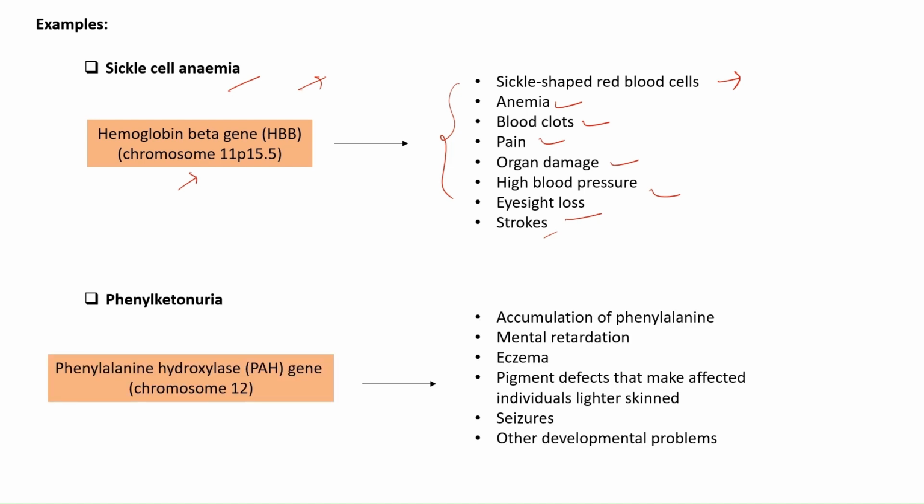The next example is the disease called phenylketonuria, which occurs due to a defect in the phenylalanine hydroxylase gene present on chromosome number 12. When this gene is defective, there is accumulation of phenylalanine in our body. Along with that, it also results in mental retardation, eczema, pigment defects that make affected individuals lighter skinned, seizures, and other developmental problems.